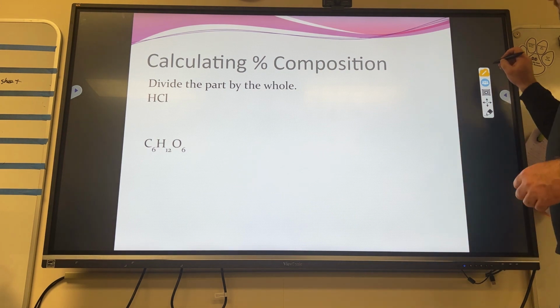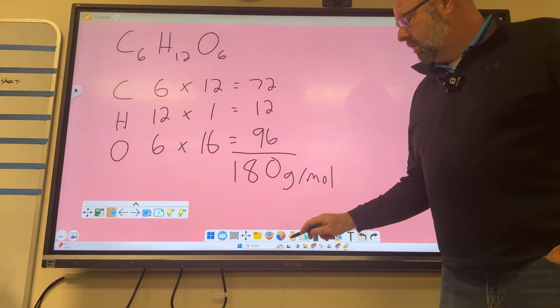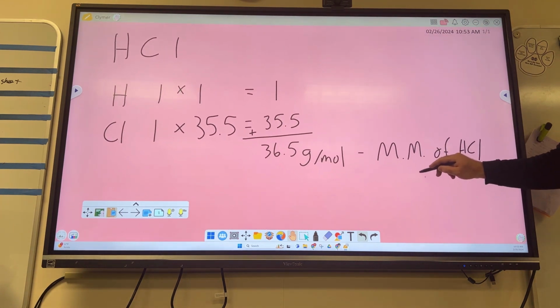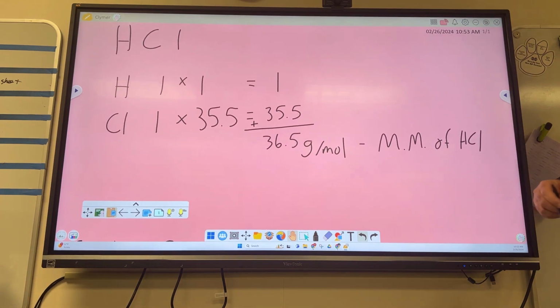Right? So let's see how we figure that out. So we start with the exact same process that we had before. You have to figure out the molar mass of that compound first.